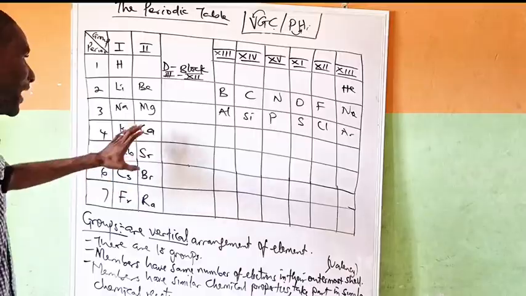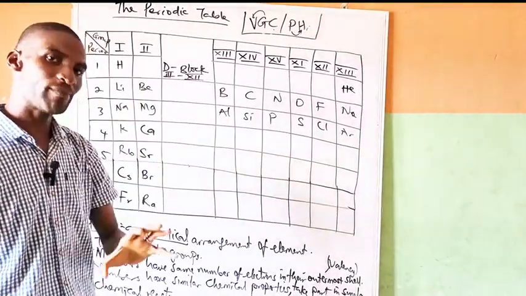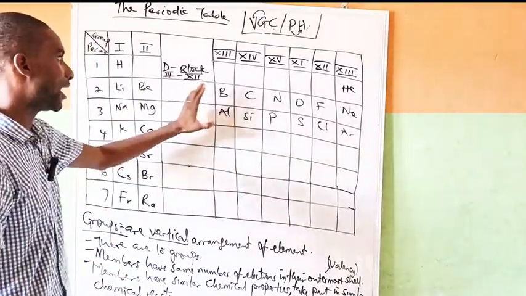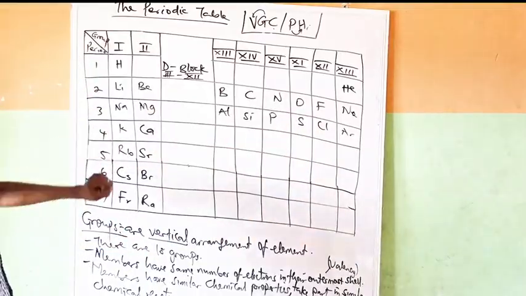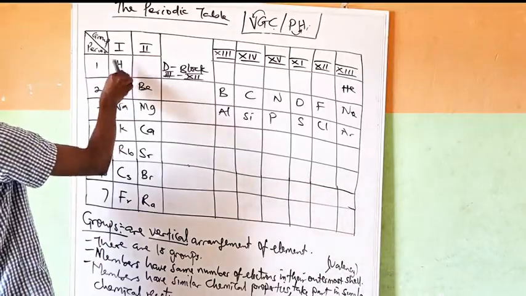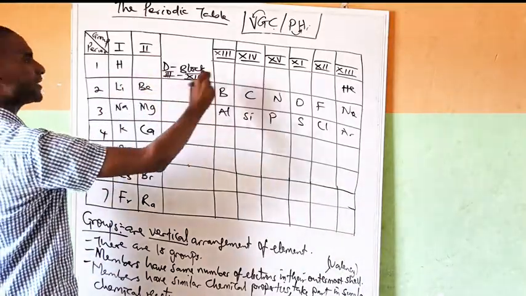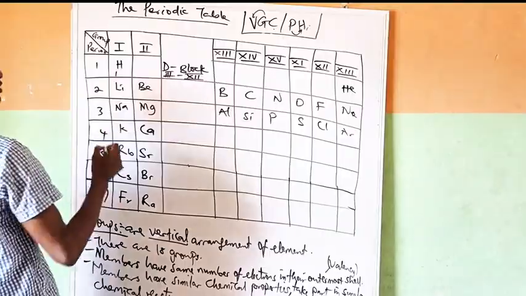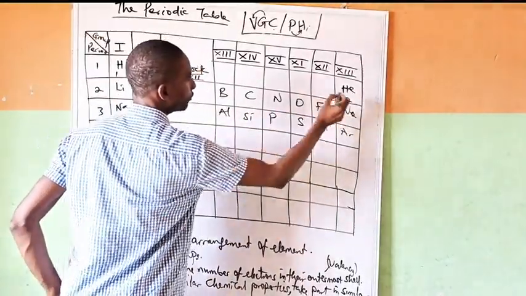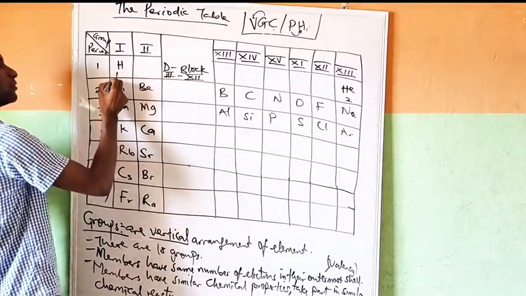Now, because of what we're about to do today, I will just talk about a few of them. If I'm going to write the electronic configuration, hydrogen is atomic number 1, helium is 2, then lithium is number 3.